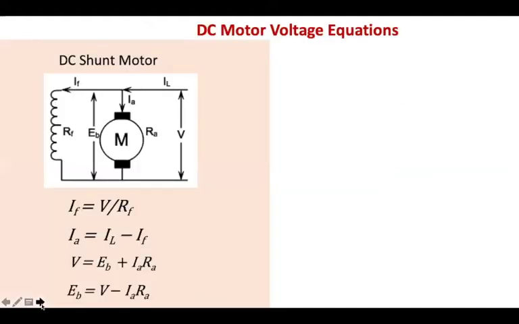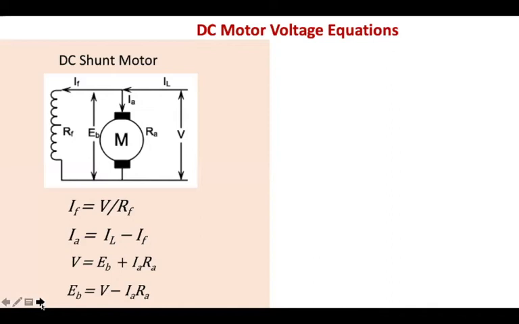Then you have the DC motor voltage equations. For the shunt motor, the field is connected in parallel to the armature. Therefore, If = V/Rf. The load current is on the supply side, and it supplies the armature current as well as the field current.